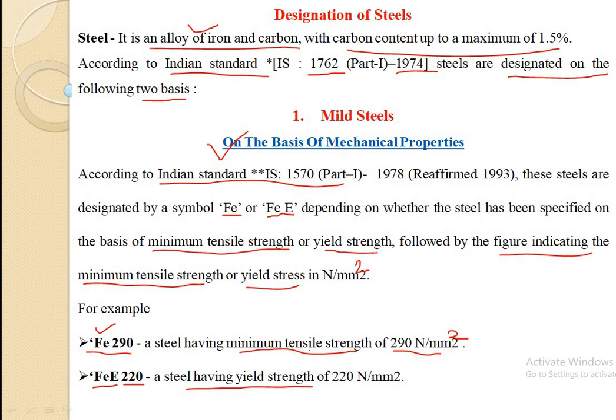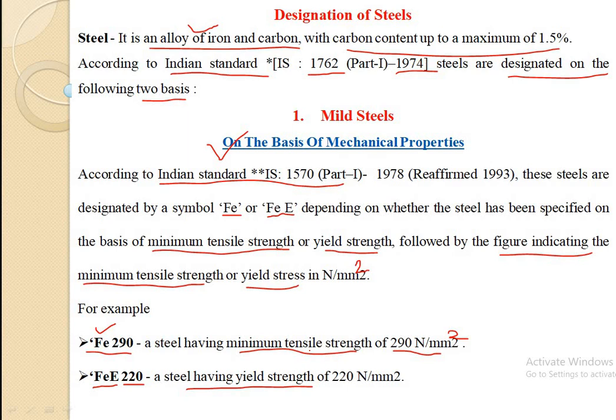In simple language, if we are designating a mild steel on the basis of mechanical properties, and that mild steel is designated on the basis of minimum tensile strength, then we can use the symbol Fe. If that steel is designated on the basis of yield strength, then we can write the symbol FeE.